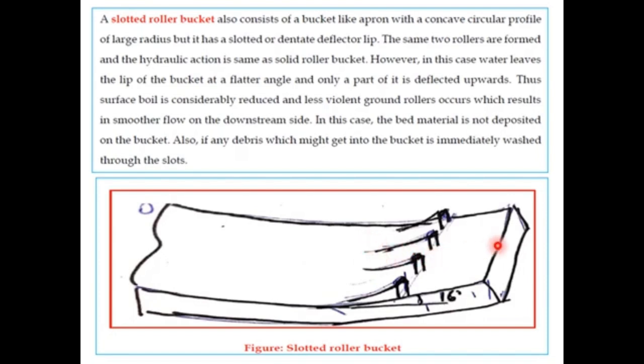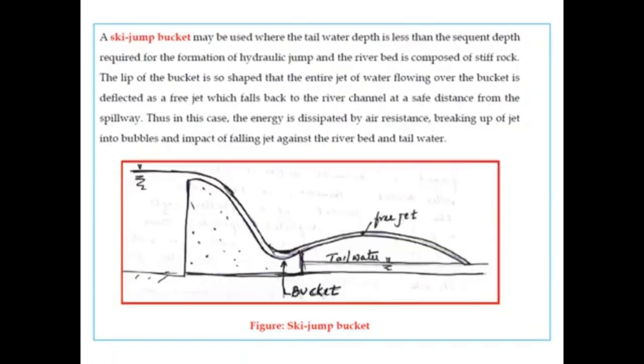The ground roller tries to remove the bed material and puts it back on the surface of the bucket, but because of the slotted deflector lip, this material is thrown to the downstream side. That means it is immediately washed out through the slots, and thus prevents damage to the surface of the bucket. So that's the advantage of the slotted roller.